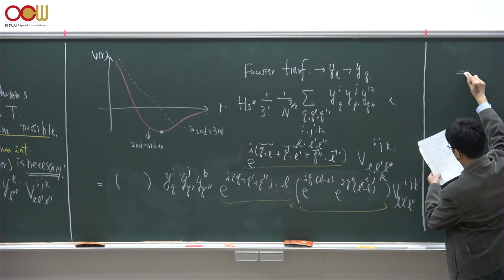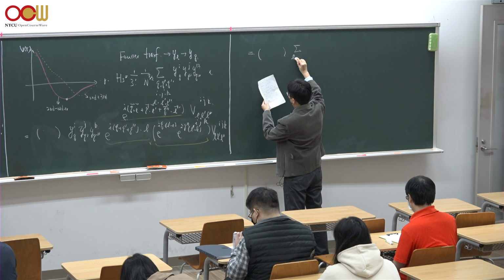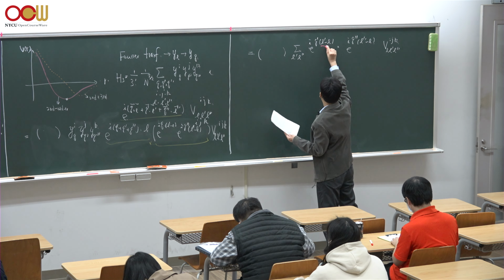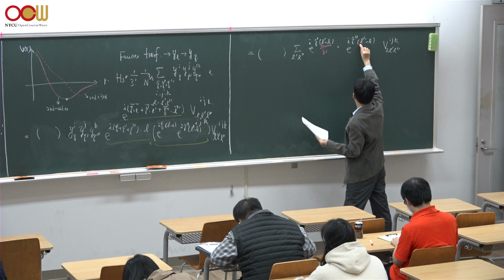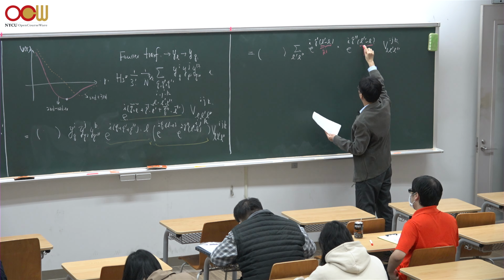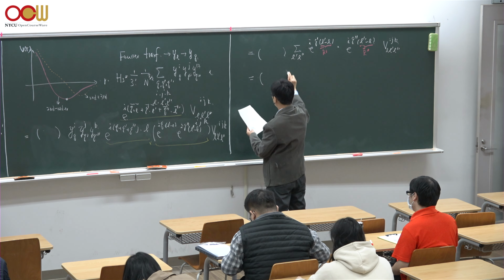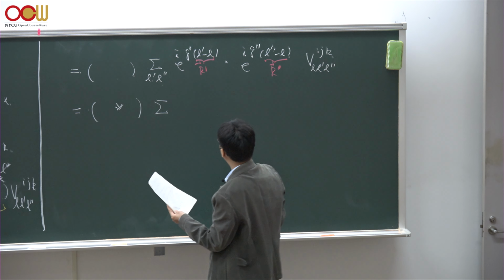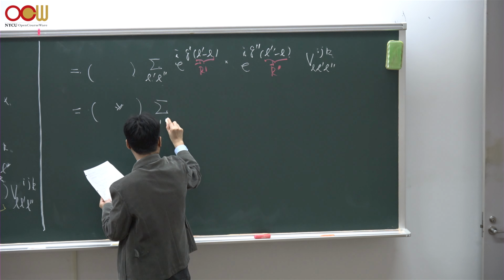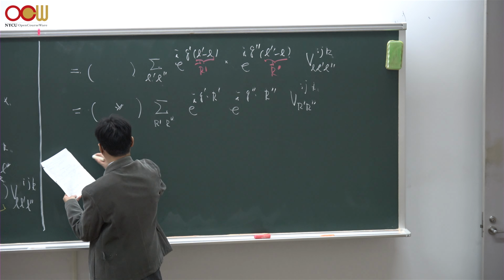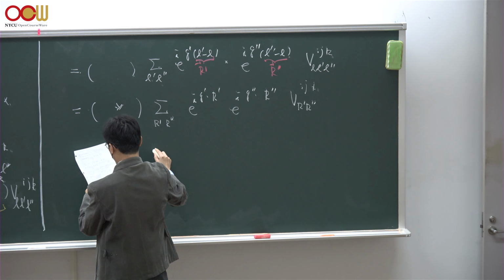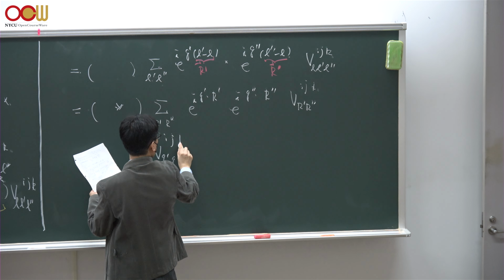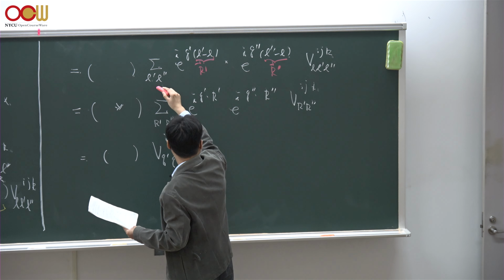And then you could define this capital R prime and capital R double prime, and this is R prime, this is R double prime. So then you get the same factor, but instead of summing over L prime and L double prime, you could sum over capital R prime and capital R double prime. This is given by the prefactor, the Q prime Q double prime I J of K.